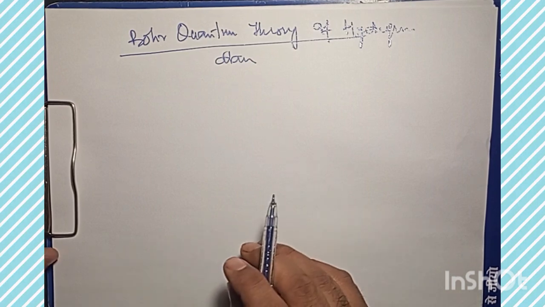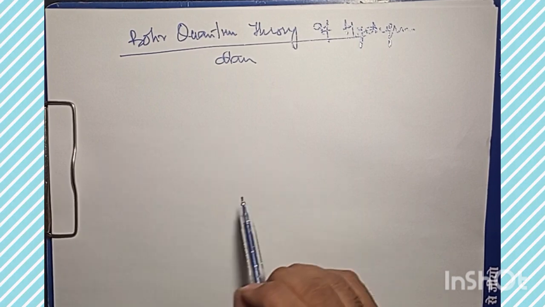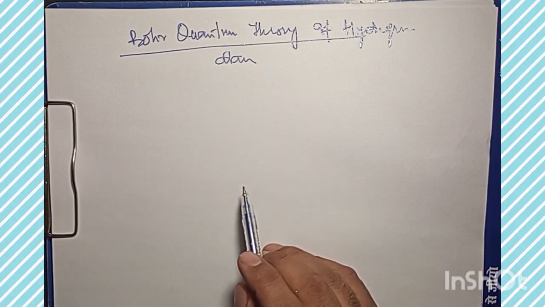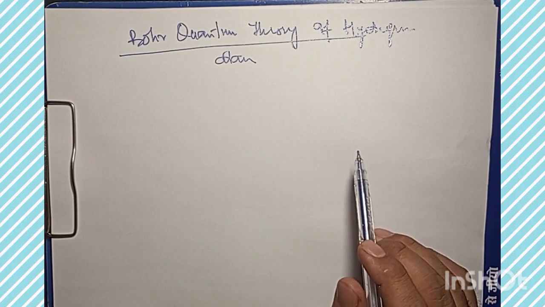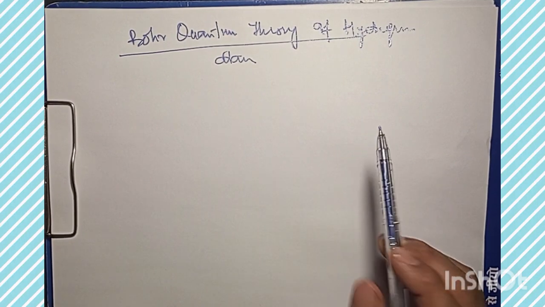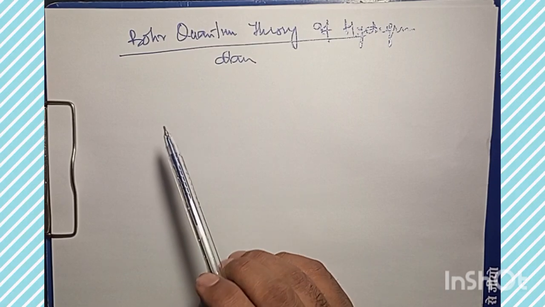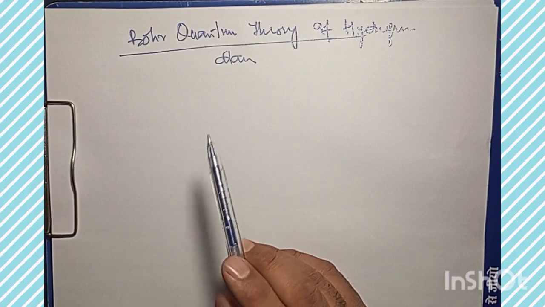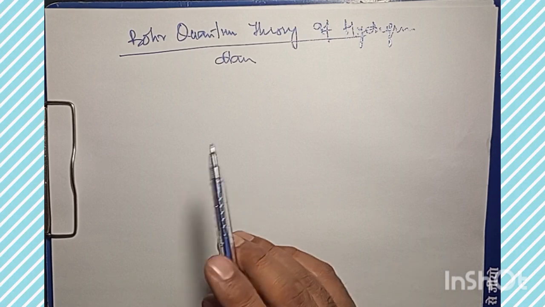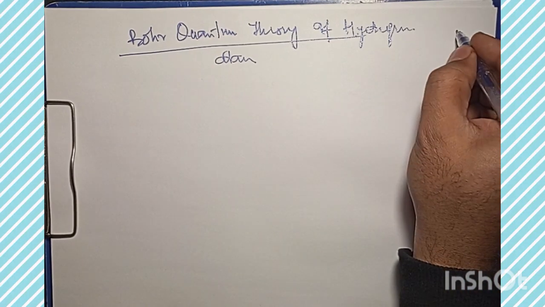Now moving on from here, we would like to go into the domain of Bohr quantum theory of the hydrogen atom. Precisely, it was Bohr who applied this quantum theory of radiation to Rutherford's model.